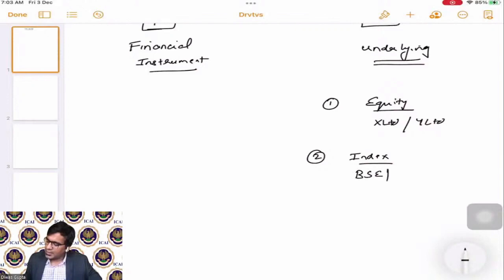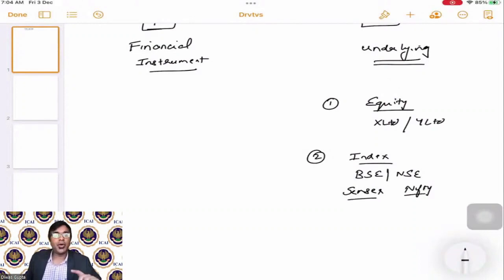Now imagine a financial instrument which derives its value from how the index moves, for example how BSE or NSE moves. On BSE and NSE we have indexes: BSE's is Sensex and NSE's is Nifty.